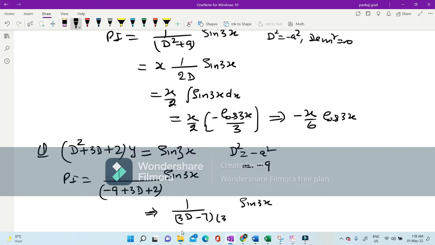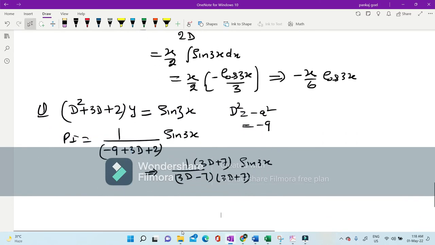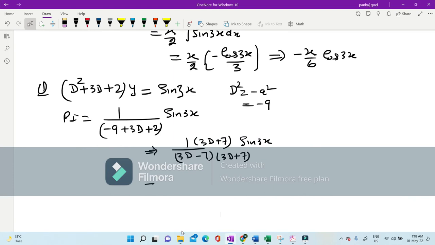Rationalize करने के लिए कर देते हैं 3d plus 7 and here is again 3d plus 7. You can find out this is equal to 3d plus 7 and this is 9, and put d square equal to minus 9 minus 49 and then sine of 3x.